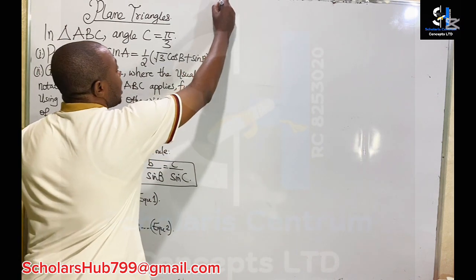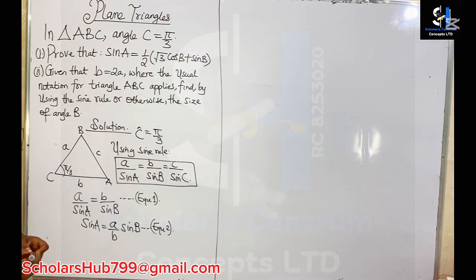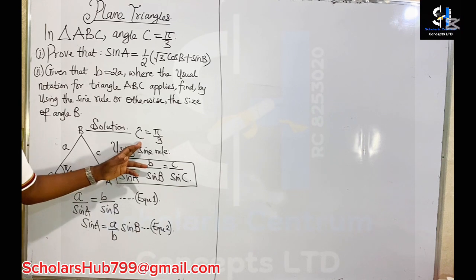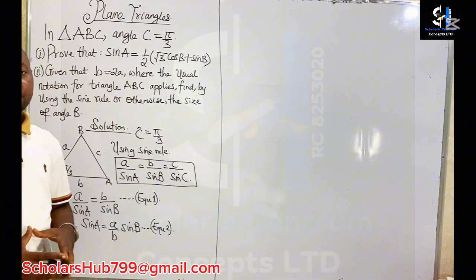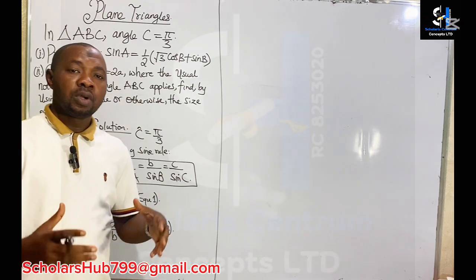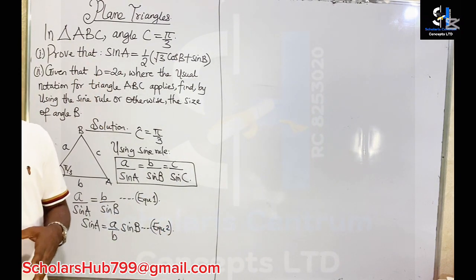All right, so now, because we are given angle C, and angle C is pi over 3, we're going to use what we call the angle sum property of a triangle.